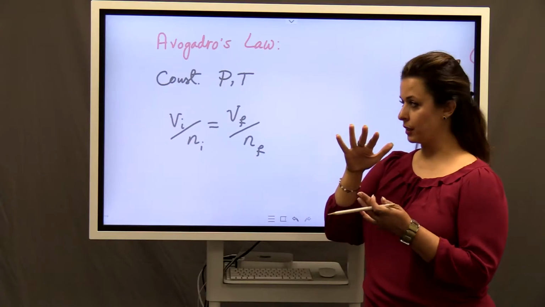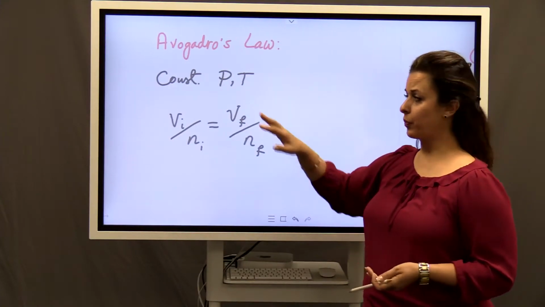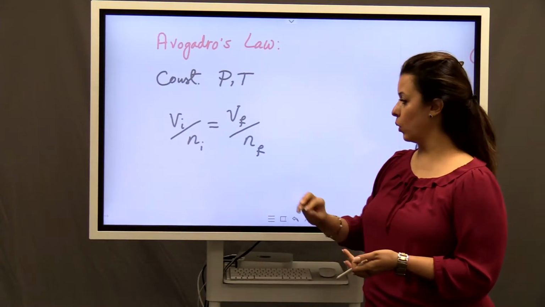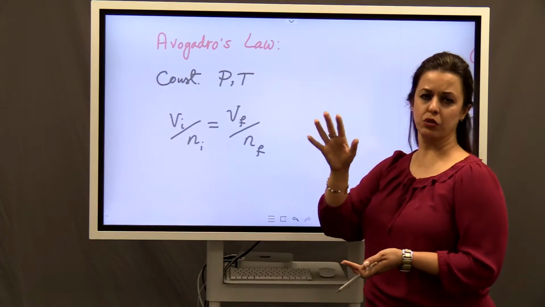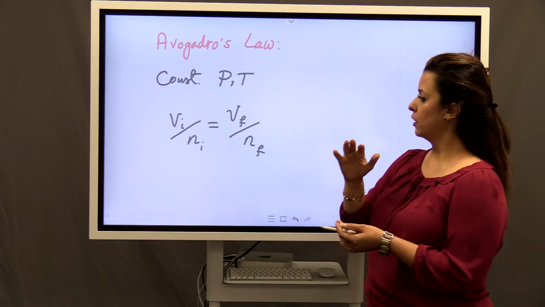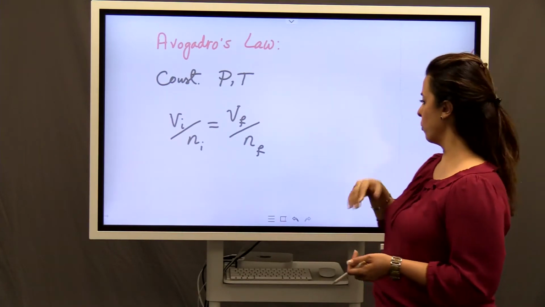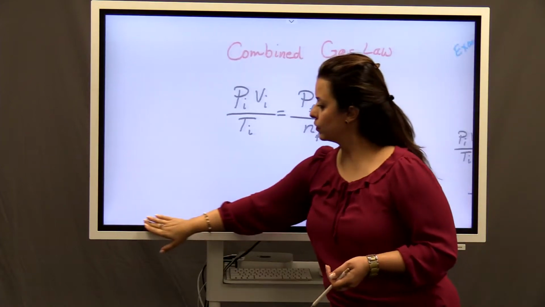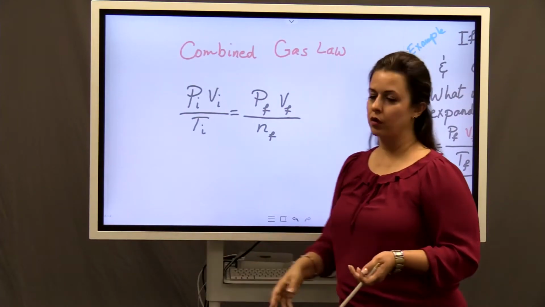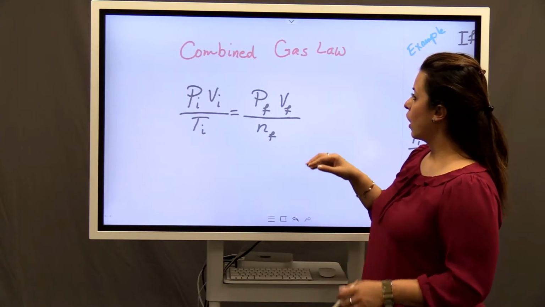So we assume we have a sealed cylinder, with pressure and temperature kept constant, and two different gases in the cylinder will have the same number of moles. This is Avogadro's law. The questions are very similar to what you have solved before.